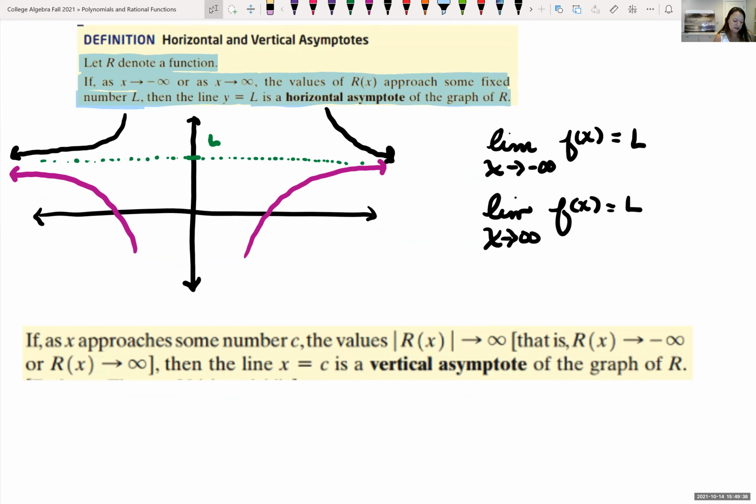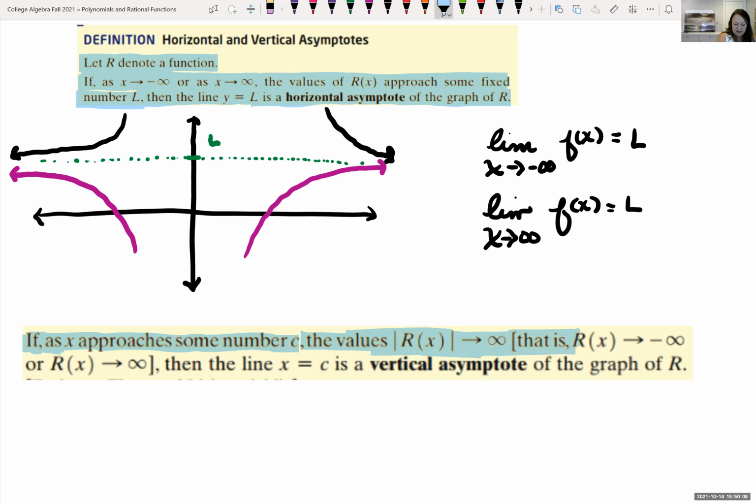Vertical asymptotes, let's read through this and then we'll talk about that and show you graphically. They explain this a little differently than I normally do, but we can talk about it. So if X approaches some number C, as we're getting closer and closer to some X value C, the absolute value of our Y, R of X, is going to go to infinity.